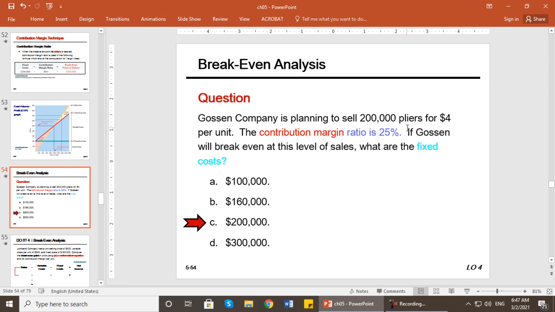The sales level will be 200,000 units times 4 equals 800,000. The contribution margin equals 800,000 times 25% equals 200,000.